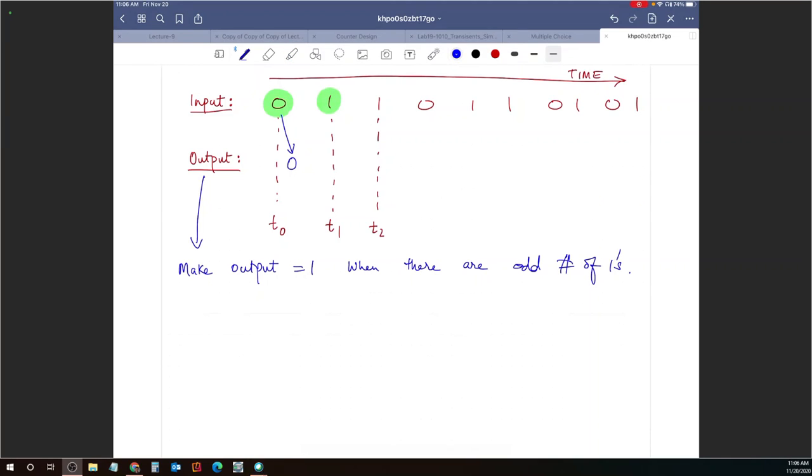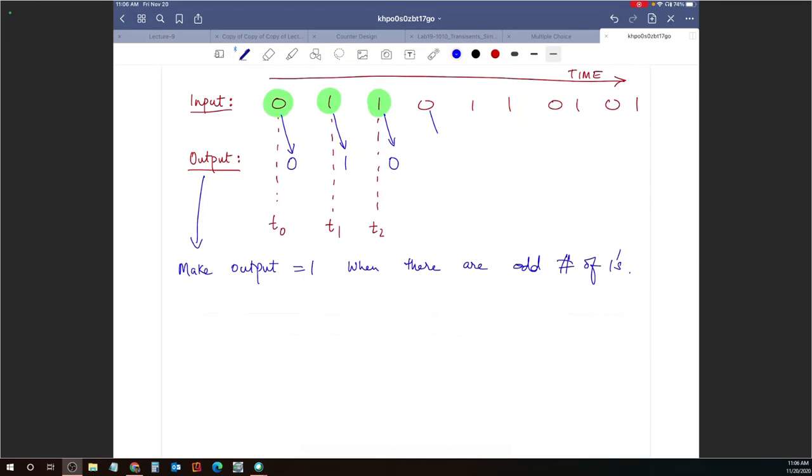You got it. Why? Because the number of ones it has seen so far is 1, which is an odd number. So the output goes to 1 here. All right. Next one. What should the output become? 0 is perfect because now we have even number of ones. So it's no longer an odd parity. It has become even parity. So it goes to 0.